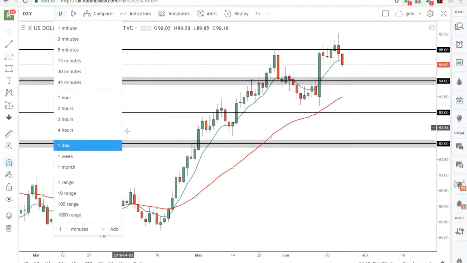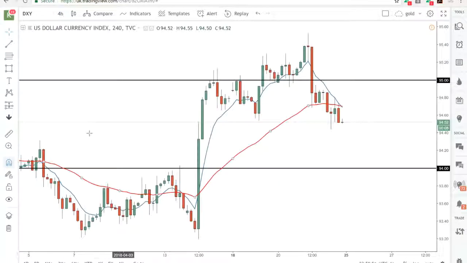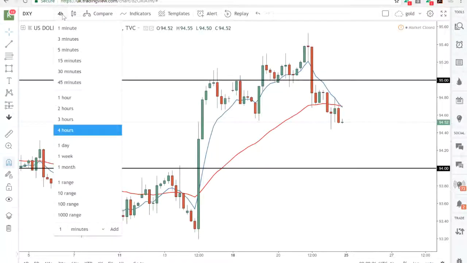So yeah, overall, to me, here we go, even better, 4 hourly, we've broken past the previous lows. Moving averages are crossing over towards the downside. To me, guys, I'd say dollar's looking bearish, or at least beginning to show signs of bearish pressure.